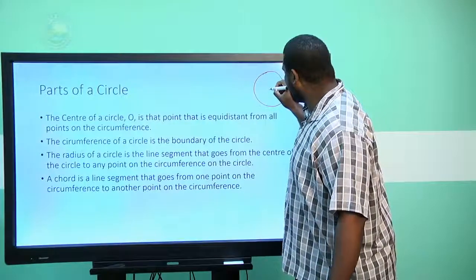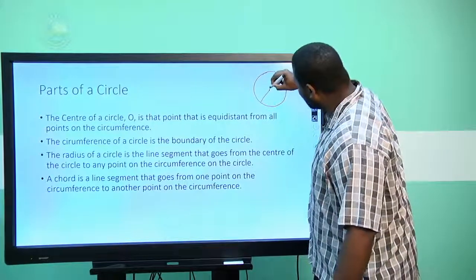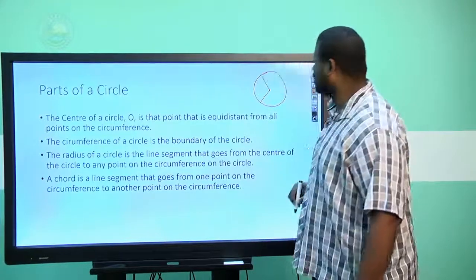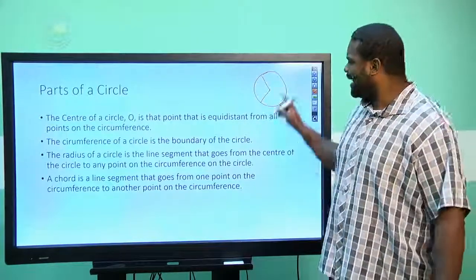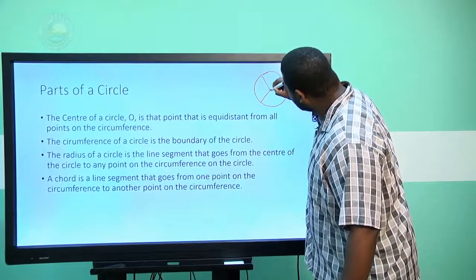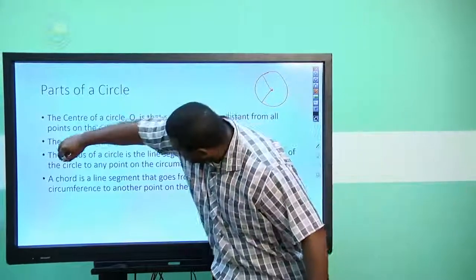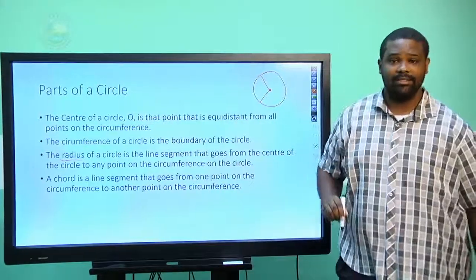So if I was to take a line and go from here to there, that distance would be the same as if I was to take a line and go from here to there. But what is that line? This line that goes from the center of the circle to the circumference of the circle is called the radius.